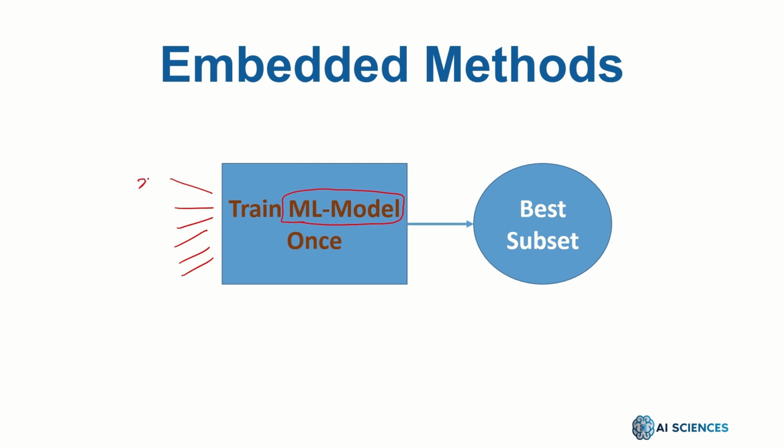We throw all the data in, and let's say it's a supervised task, so we set the label as well. There is some machine learning model, maybe SVM or neural network or random forest or some model. We train that model just once, not again and again.